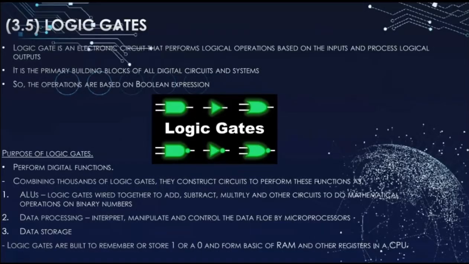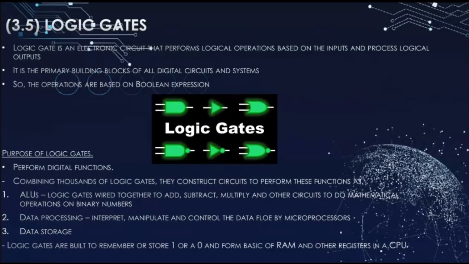Combining thousands of logic gates, they construct circuits to perform these functions. Logic gates wire together to add, subtract, multiply, and other circuits do mathematical operations on binary. This is the arithmetic and logical unit. Data processing: microprocessors interpret, manipulate, and control the data flow.